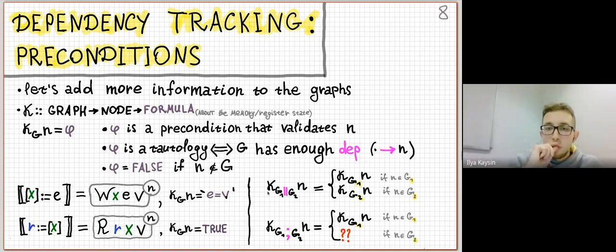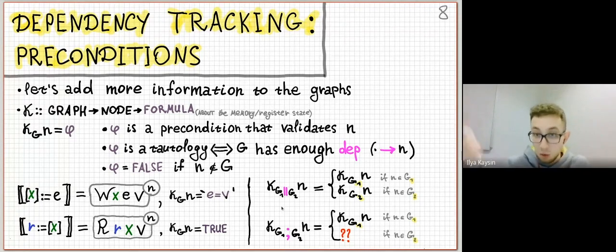Okay, and if we compose graphs in parallel, we don't add any dependencies. So let's just keep the old preconditions. The preconditions of the new graph are the same as the preconditions of the old graphs. So in some sense, we just unite the preconditions from G1 and G2 to form the preconditions of the new graph.